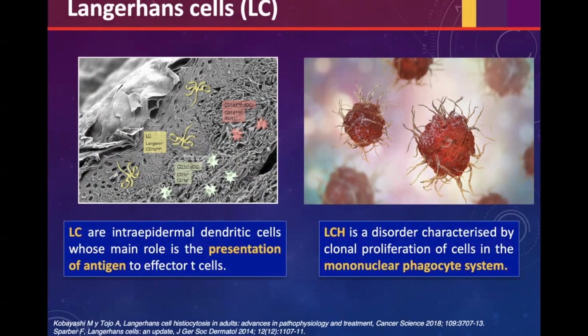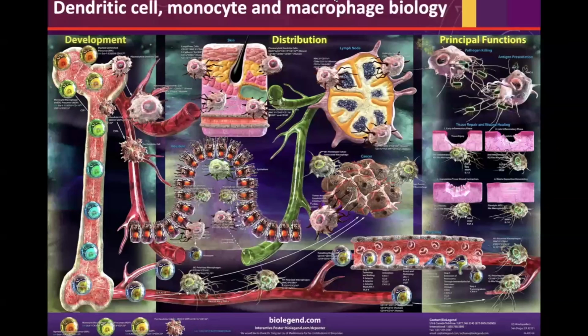Typically, these cells have dendritic processes which extend between the keratinocytes and toward the epidermal junction, a lobulated nucleus and a clear cytoplasm where the characteristic Birbeck granules, the racket inclusions, as you remember, are an ultrastructural finding in this cell by electron microscope. And Langerhans histiocytosis is a disorder characterized by the clonal proliferation of the cells of the mononuclear phagocyte system.